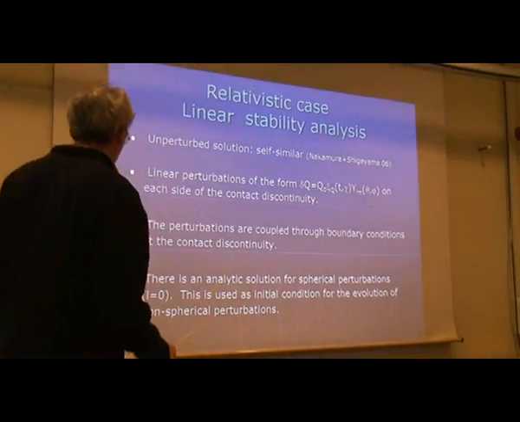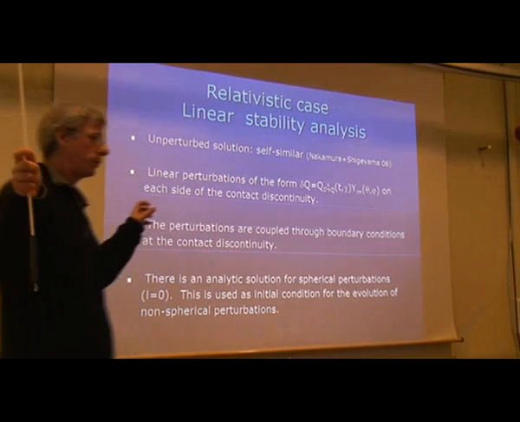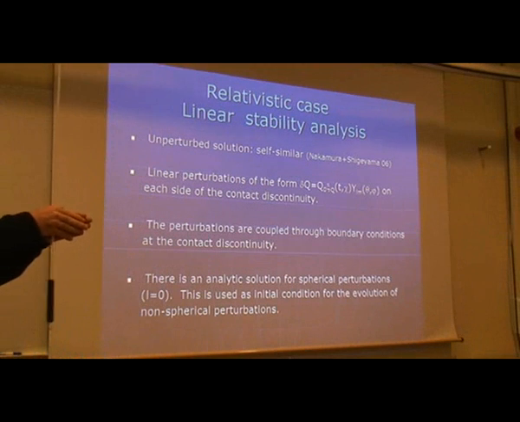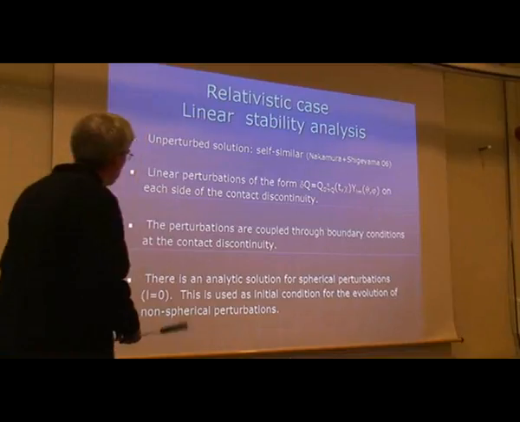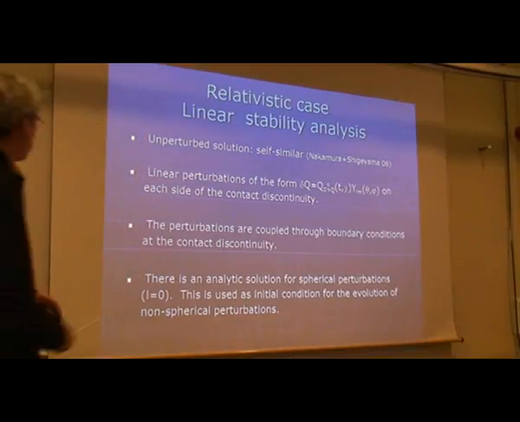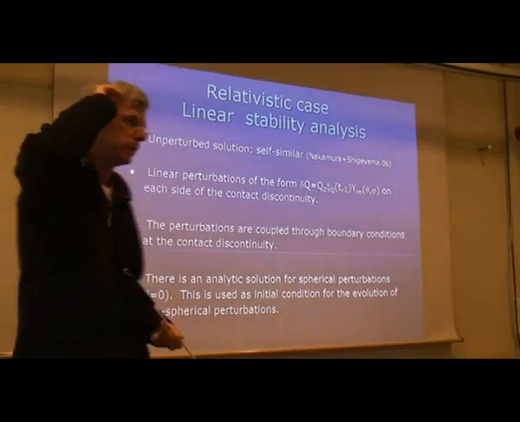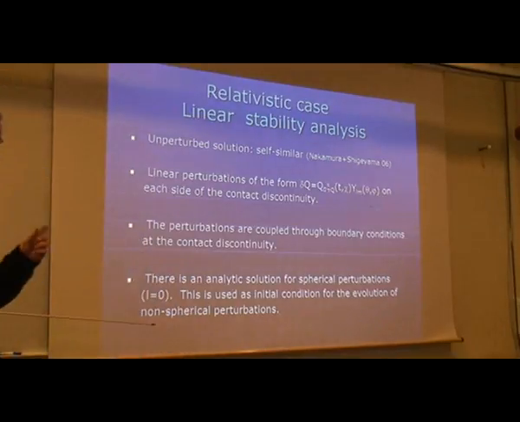What they did in the isotropic solution is that they matched two self-similar solutions at the contact. And that's what determines the ratio of Lorentz factors. Here it's quite similar. For the perturbation, you do the same. You match two solutions at the contact, and that's what gives the instability. It turns out it's the coupling at the contact, and that's also what complicates life.